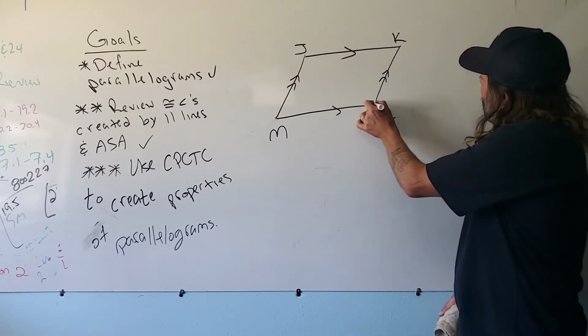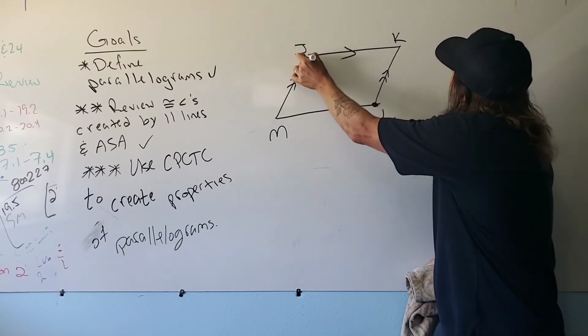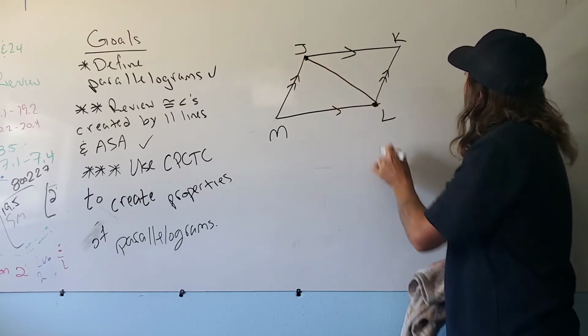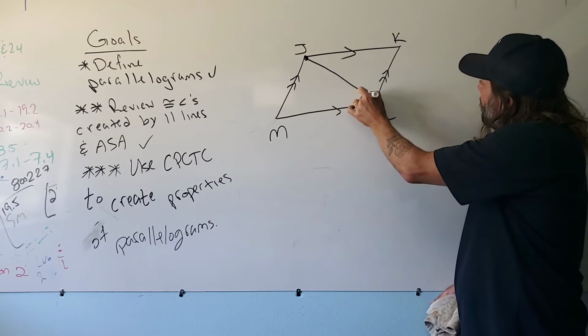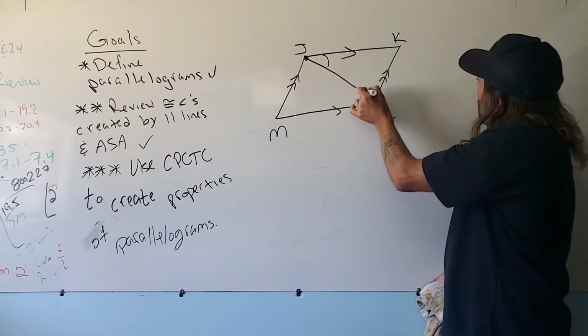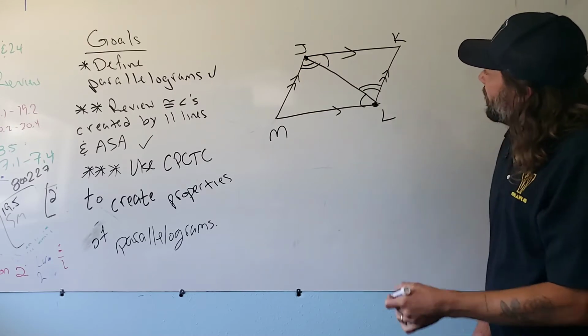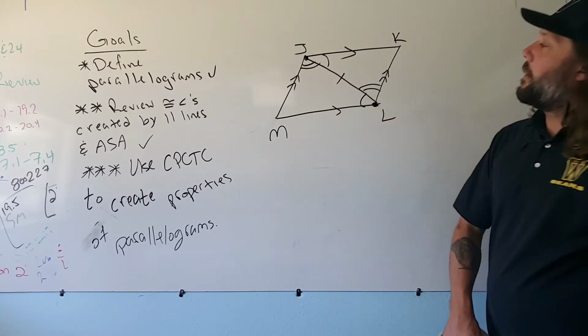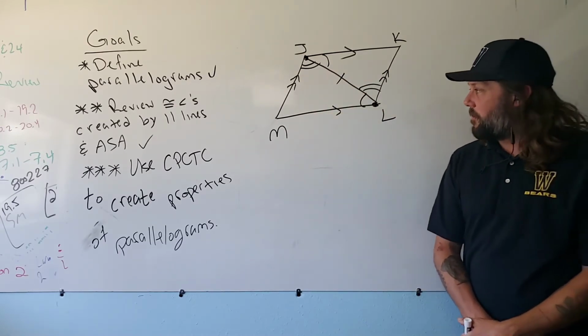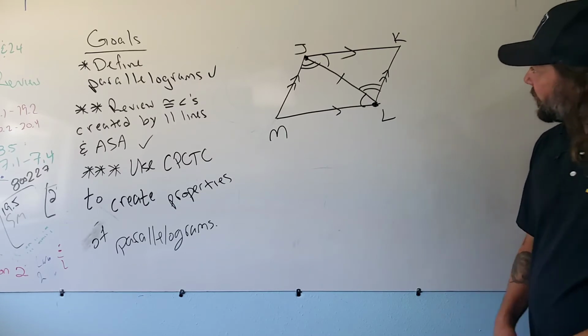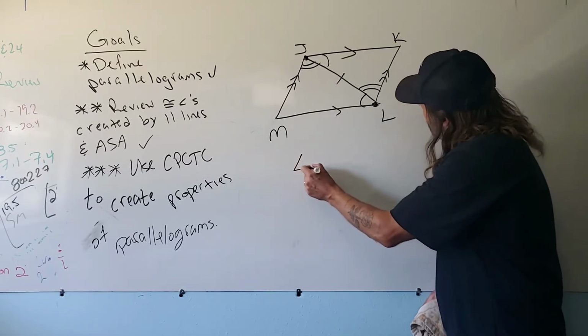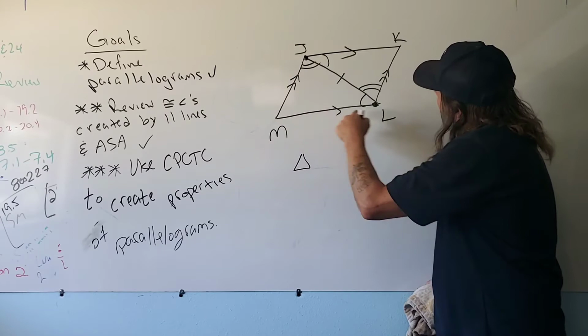We just saw that if I draw a diagonal, I get two pairs of congruent alternate interior angles. And not only that, I also get a congruent side by the reflexive property. So very quickly we can say that, and I'll just name one triangle, JML.